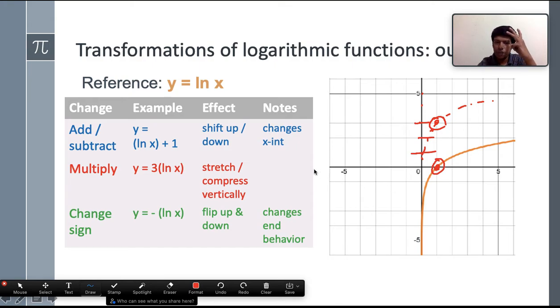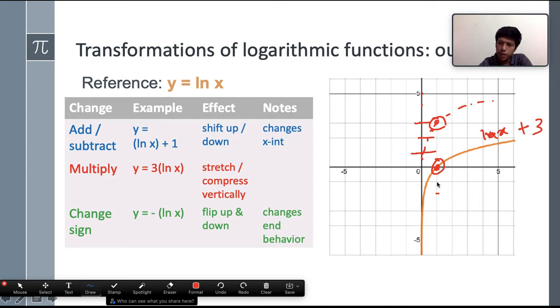That means if this graph's name is ln x, then it will become ln x plus 3, because the ln x graph moved 3 blocks up. Same thing will happen if it comes here or here, then it will become a negative sign.